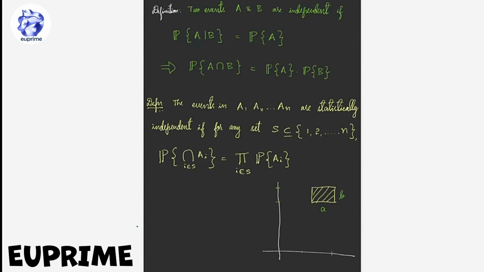Okay, so let's take a look at two events, A and B. This is the definition. Two events A and B are independent if probability of A given B is equal to probability of A. So if they're independent, the fact that you're conditioning on an independent event has no relevance.